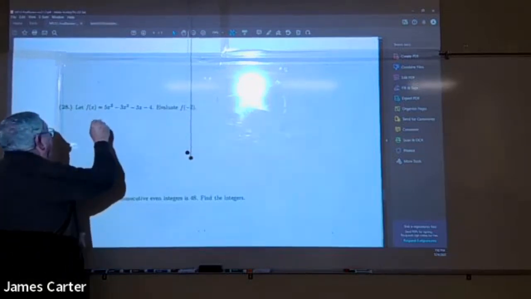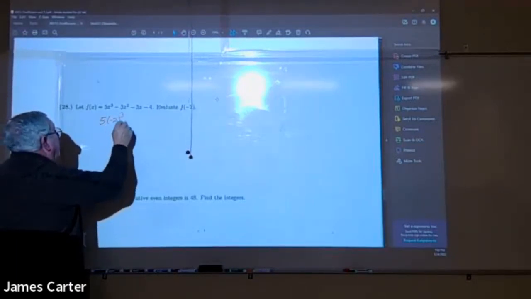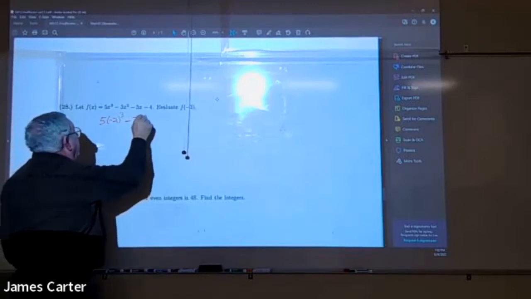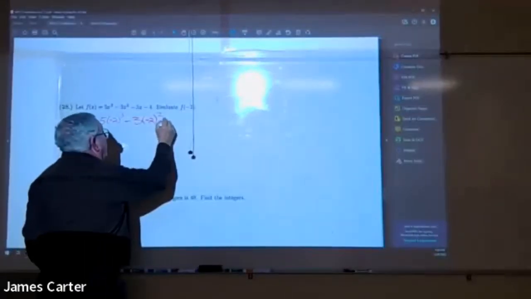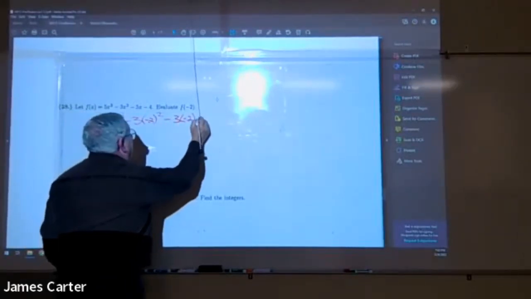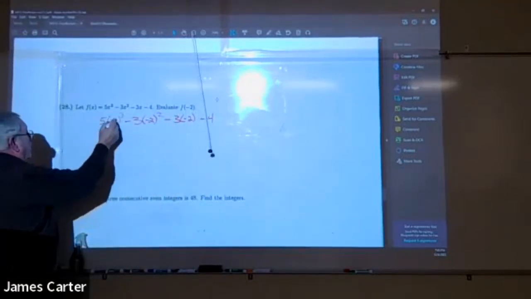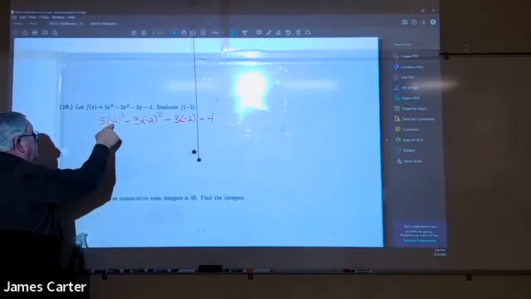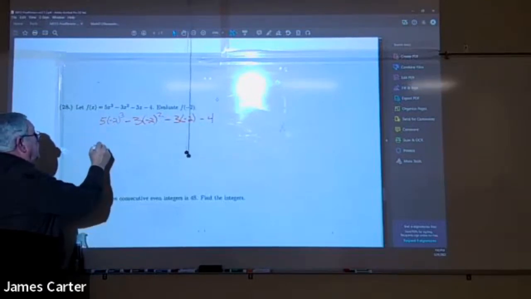So we've got 5 times -2 cubed minus 3 times -2 squared minus 3 times -2 minus 4. Okay? Remember, this cube only applies to that. And we've got to do powers before we do multiplies.